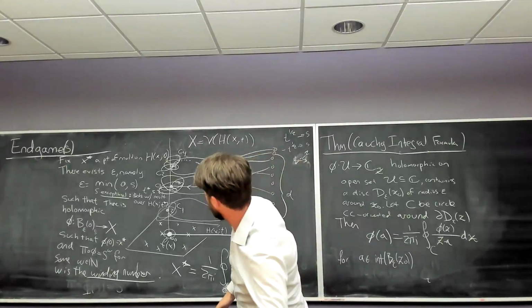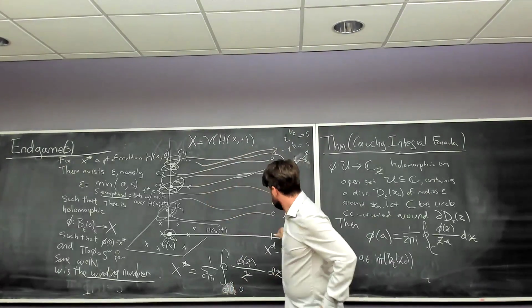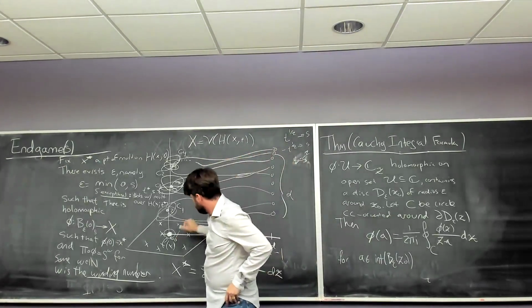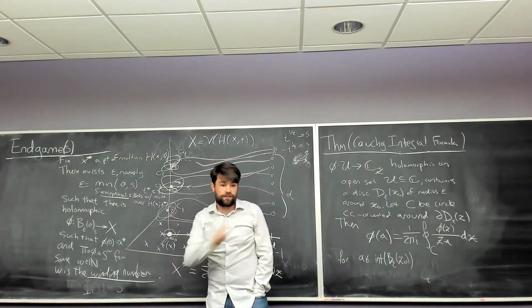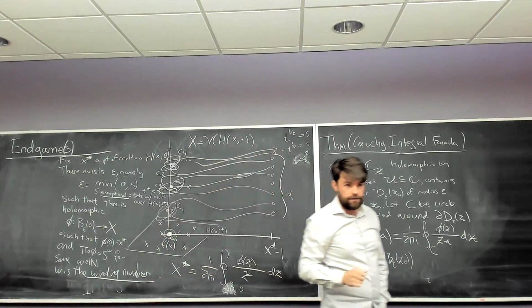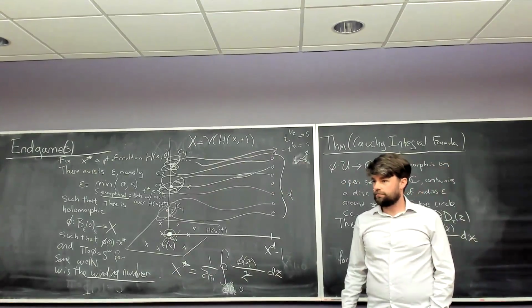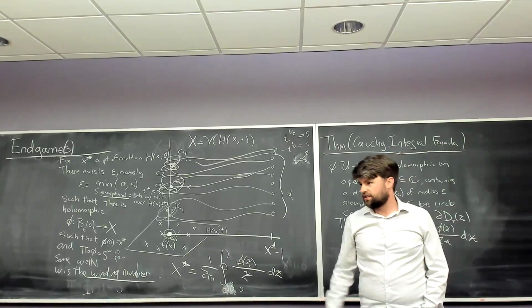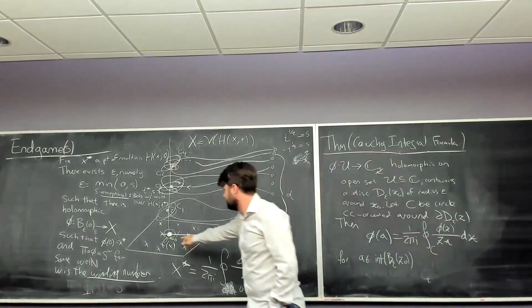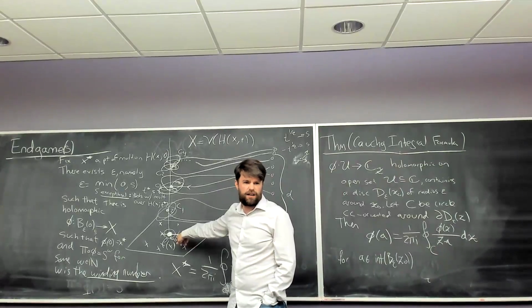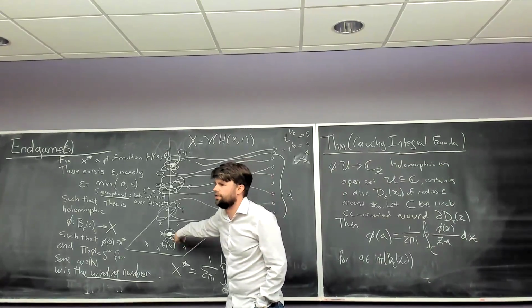So this translates to an algorithm. You want to track these paths until you think you are so close to t equals 0 that you're closer than any other exceptional point. Now, in general, I haven't talked at all about how to even guess that, but just make t really, really small, as a heuristic.